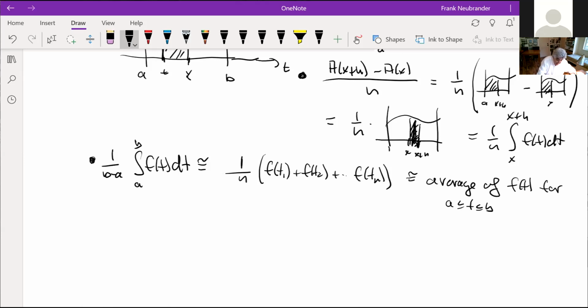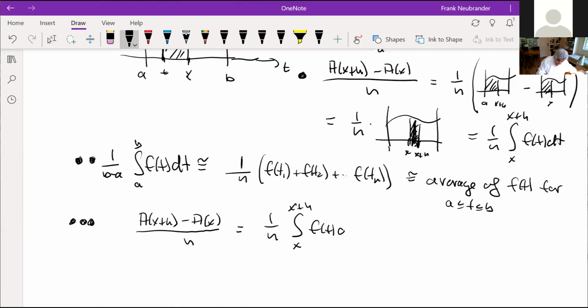And now we use this, the second bullet, together with the first, and now we are done with the proof. So now we know that A of x plus h minus A of x over h is the same as 1 over h times the area between x and x plus h of f of t dt.